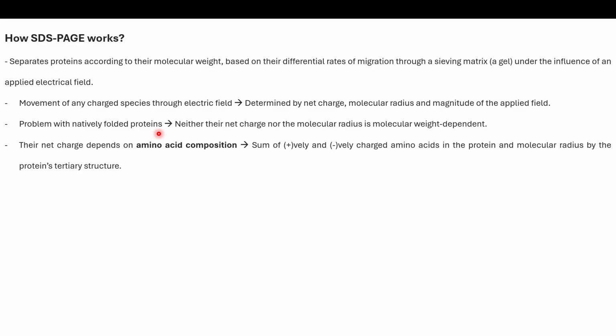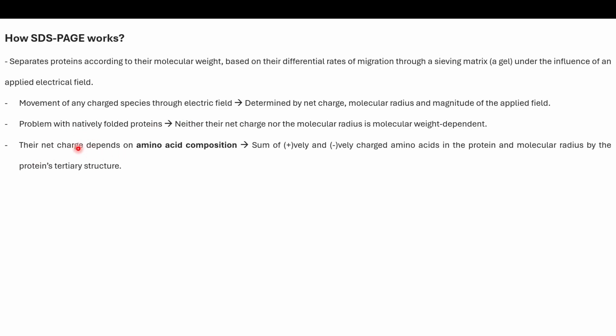Okay, so based on what the solution is, what the surrounding medium is, the net charge and the molecular radius will vary.